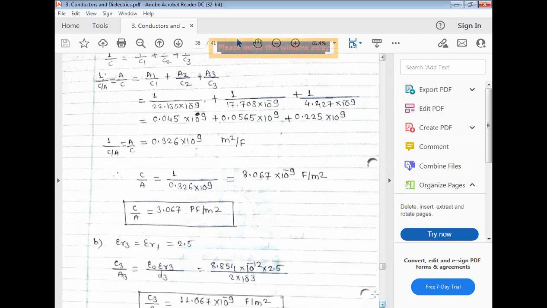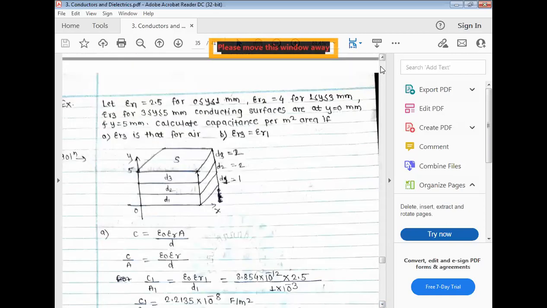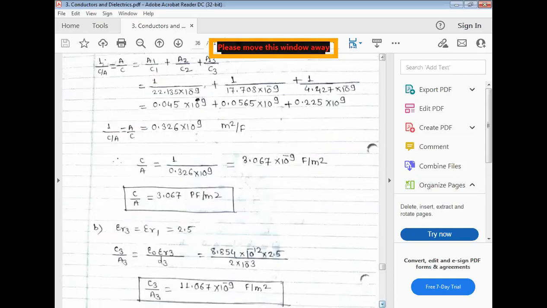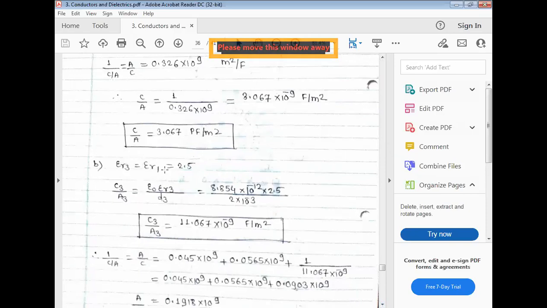It is directly written. Now the second condition B is given. So the question is, we have to consider this epsilon R3 is equal to epsilon R1, and epsilon R1 is equal to 2.5. So considering epsilon R3 is equal to epsilon R1, which is equal to 2.5, only your third term will change, that is C3 upon A3 is equal to epsilon 0 epsilon R3 divided by D3.